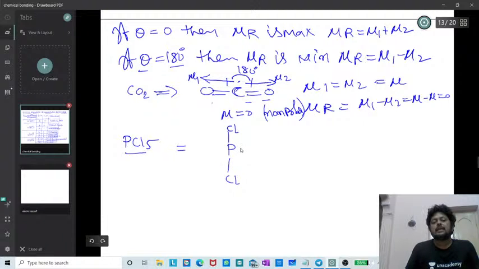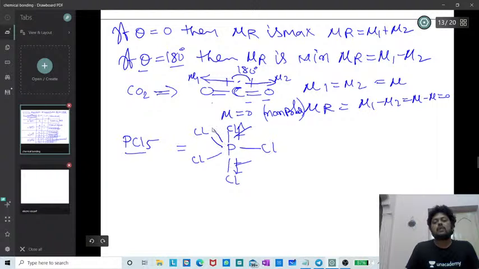Cl, Cl, Cl here, Cl. See this one. Out of P and Cl, which is more electronegative? Cl is more electronegative, so the dipole vectors point towards Cl. These two vectors face opposite to each other, that means they are separated by 180, so these two dipole vectors cancel each other.